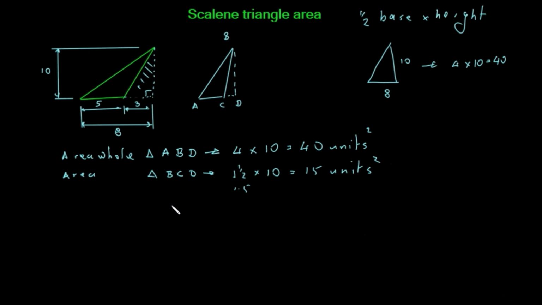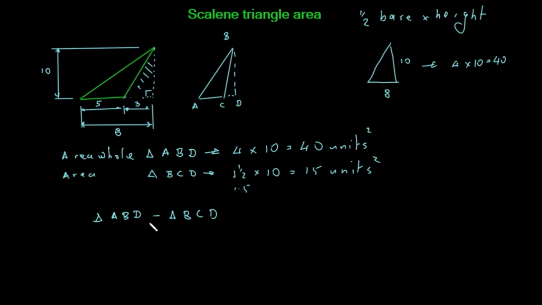So what we do now, the whole triangle ABD, the whole thing, is equal to 40 minus the little bit, triangle BCD.